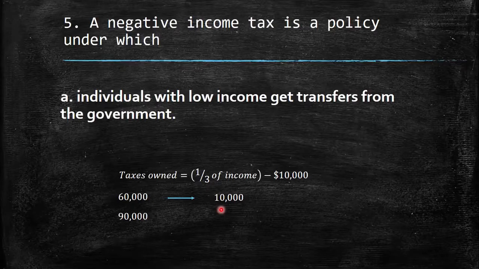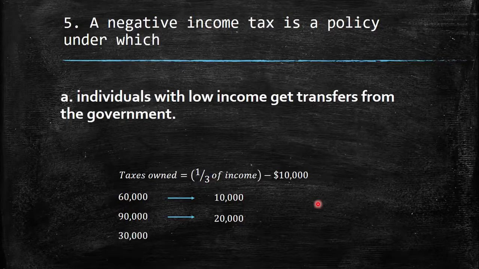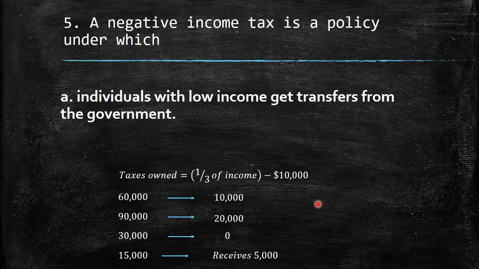If you earn 90,000, it should be 90 over 3, which is 30, minus 10, so 20. However, if you earn $30,000, you pay 0, and if you have 15, you receive 5,000. So the idea is that individuals with low income get transferred from the government, money that actually comes from the other.